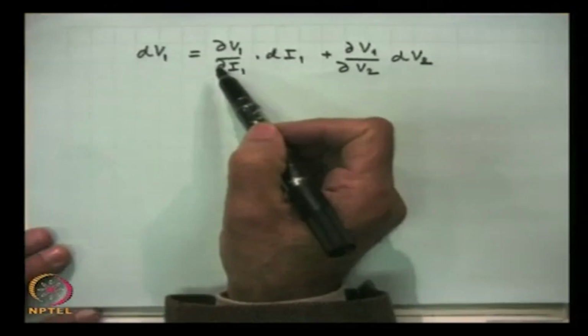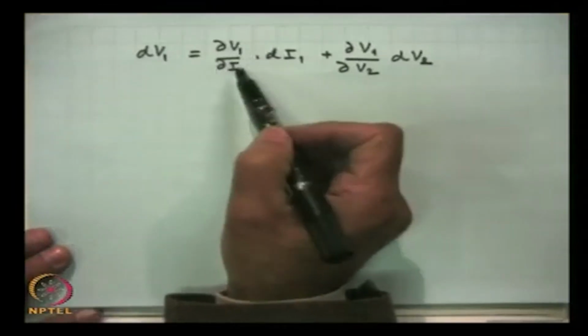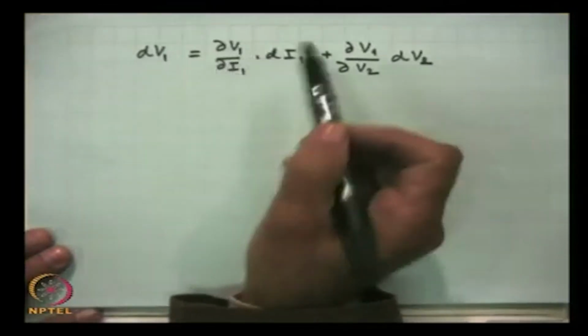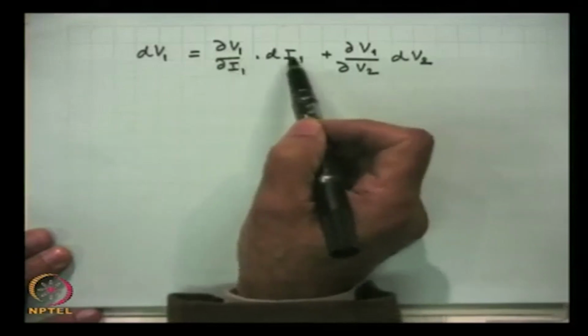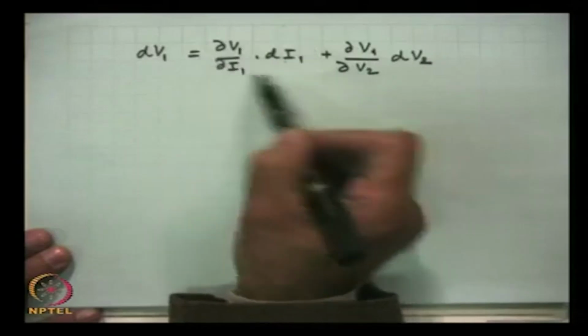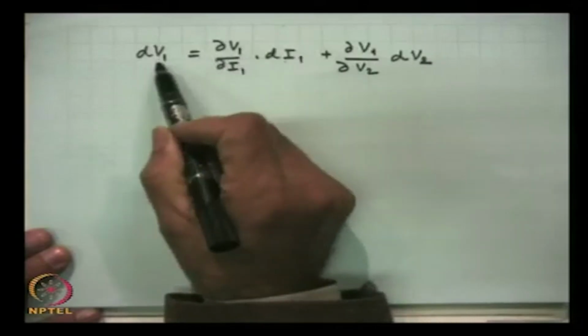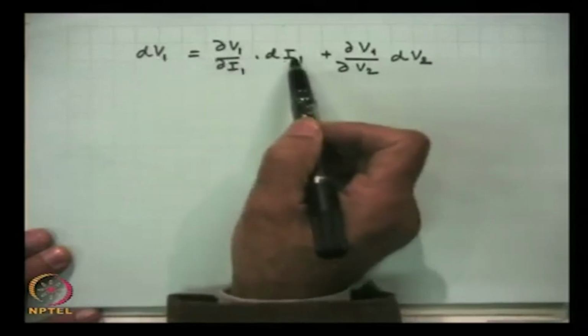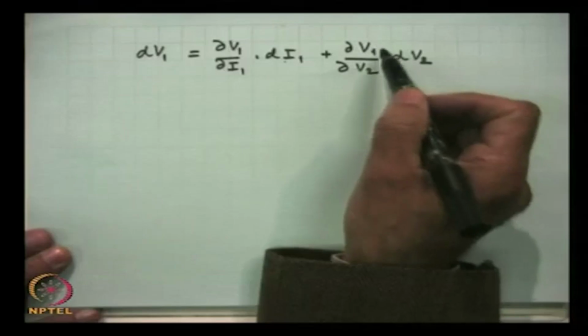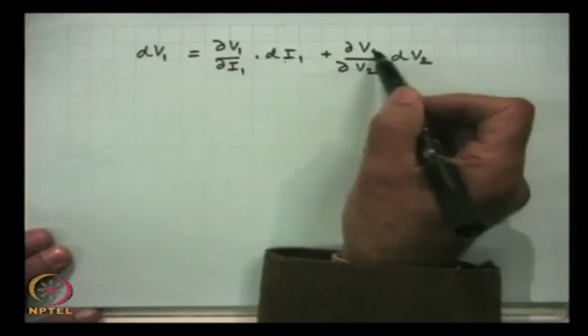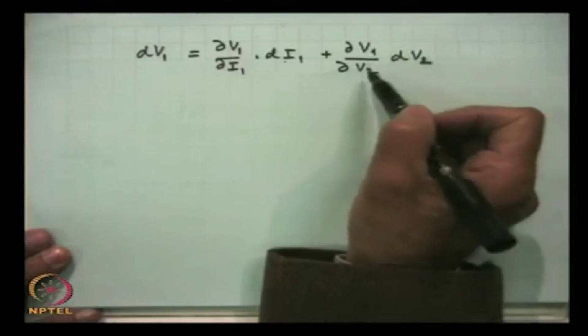This is the rate of change of V1 on I1, and if I1 changes by dI1, then this gives the total change in V1 as a result of change dI1 in the current, and this term is the change in V1 because of V2.